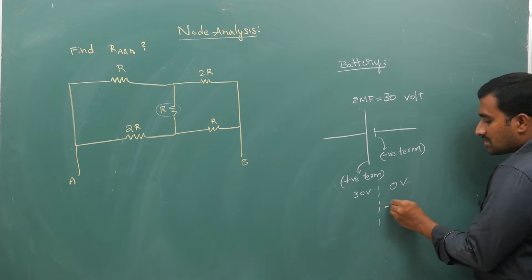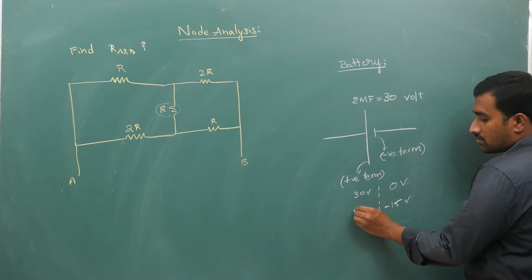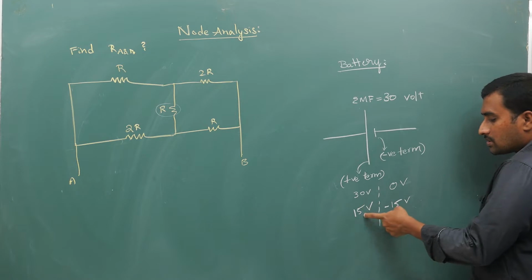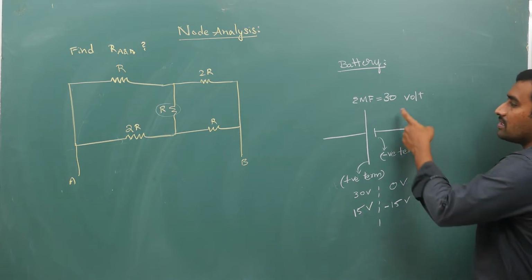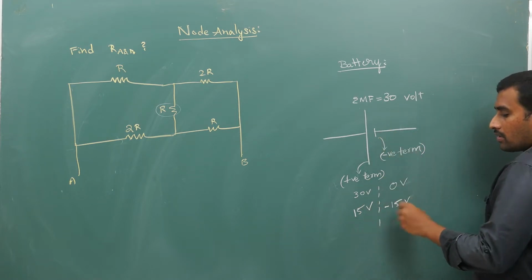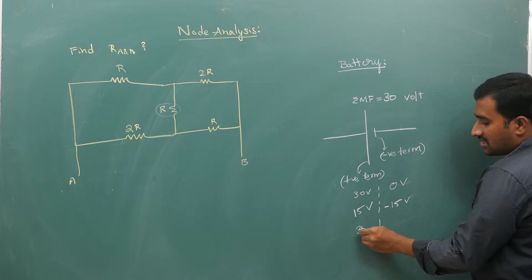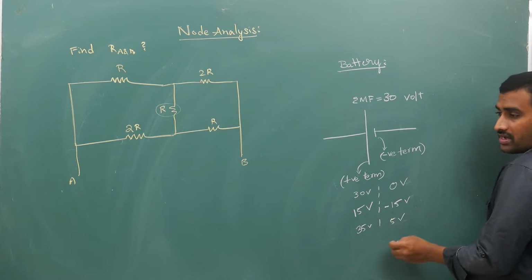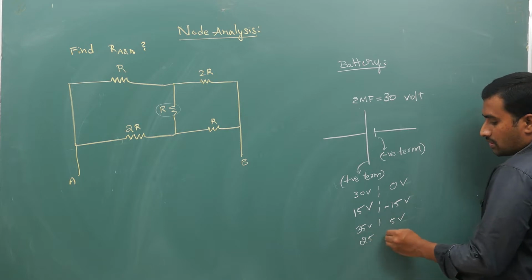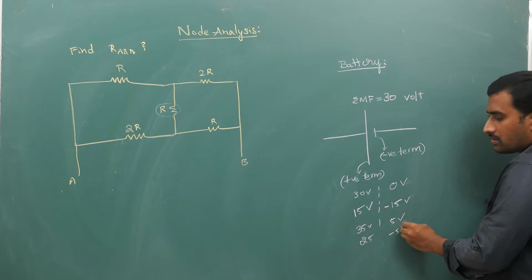Now if this is minus 15 volt, this will become 15 volt, and 15 minus of minus 15 will once again become 30. Next, if it is 35 volt, this will become 5 volt. If it is 25 volt, it will become minus 5 volt.